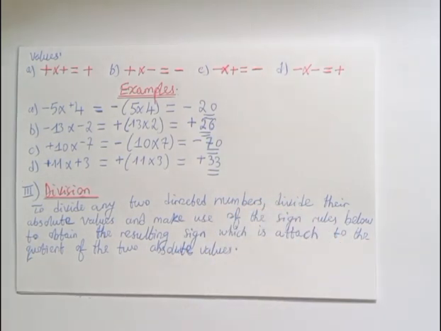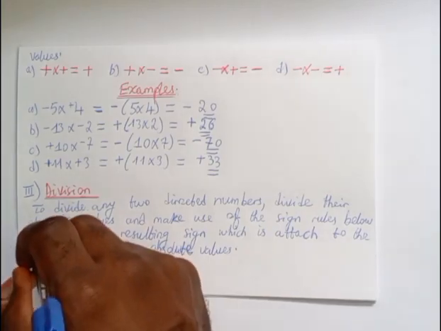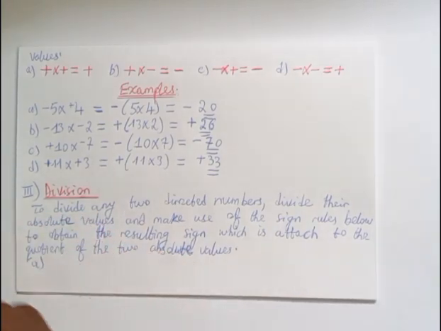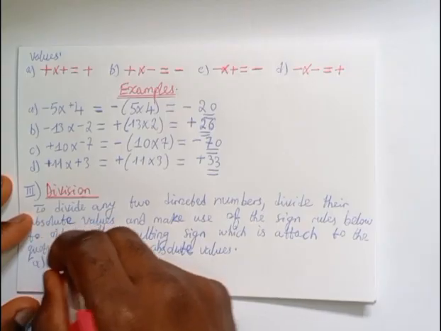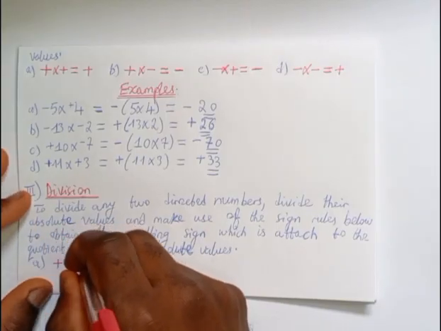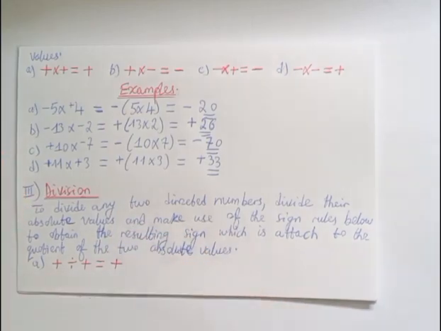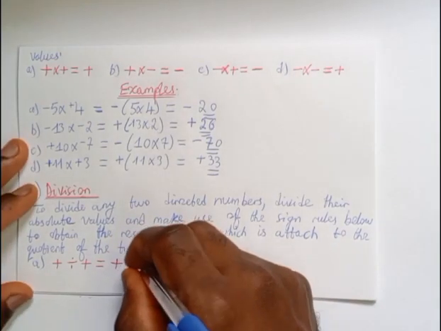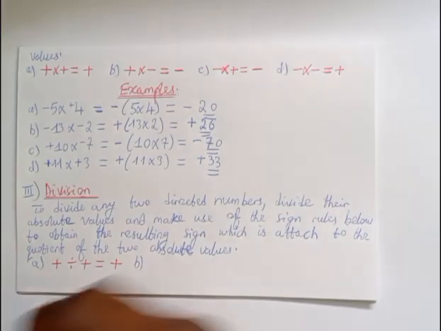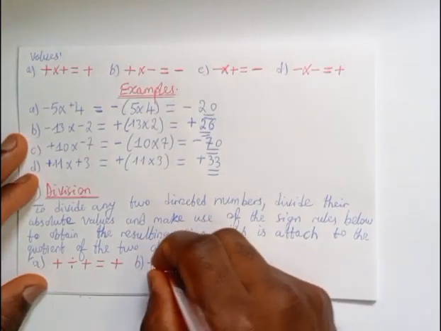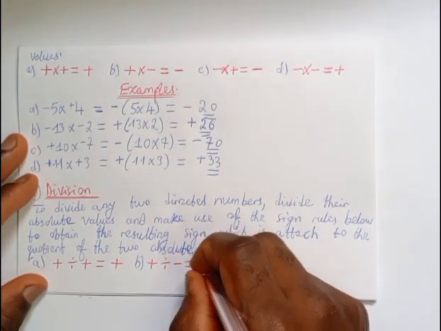Let's take down the sign rule. For the sign rule, we have the first one, dividing a positive number by a positive number, the result is positive. B, dividing a positive number by a negative number, the result is negative.